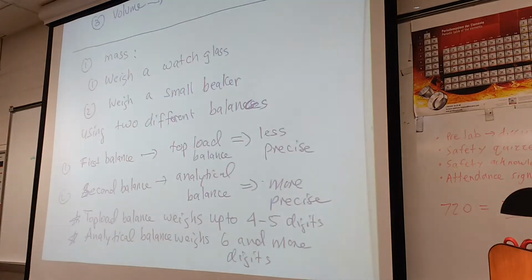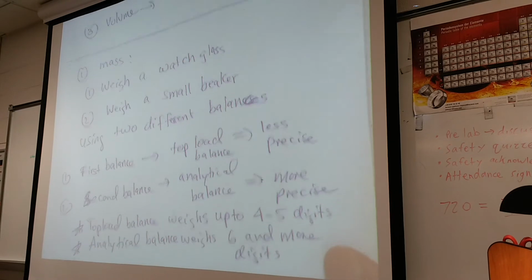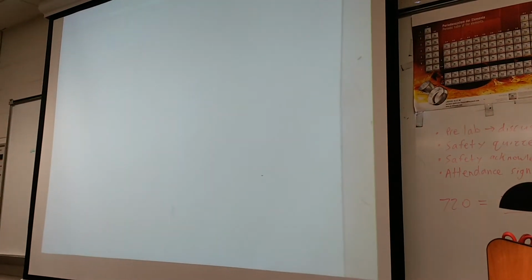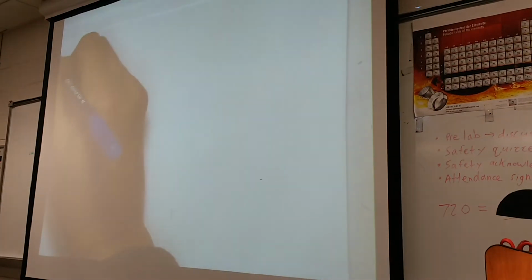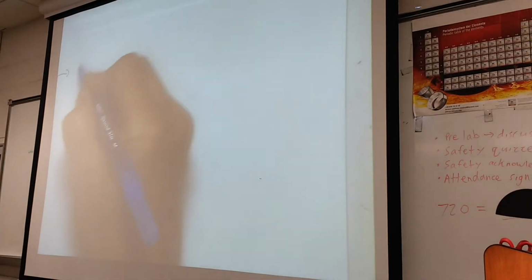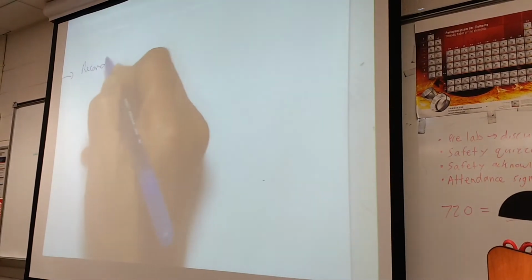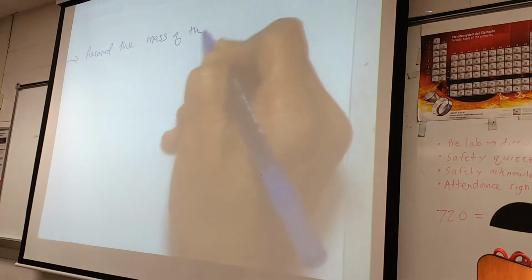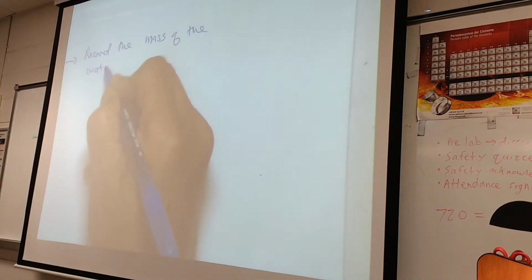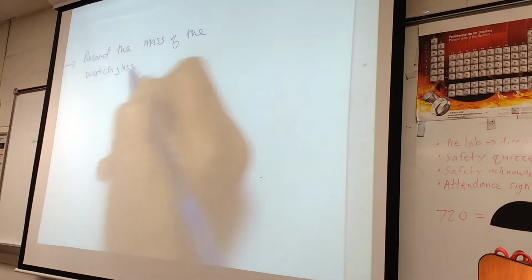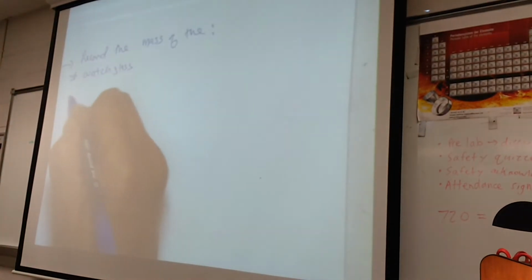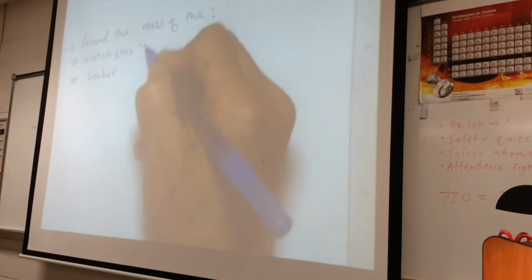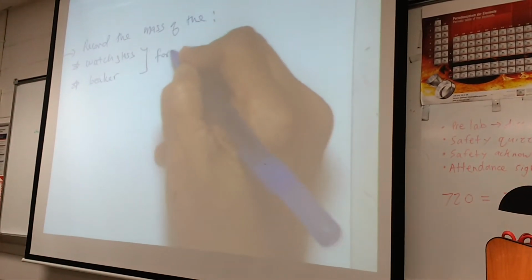Let me switch back here. And from this one here, I can then write number 2. I will record the mass of the watch glass and the beaker, correct, for both balances.